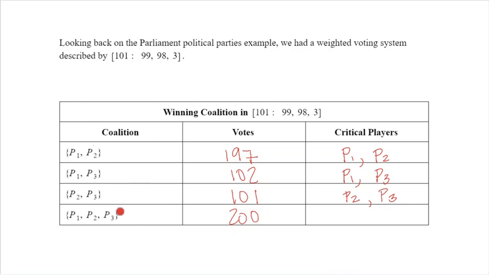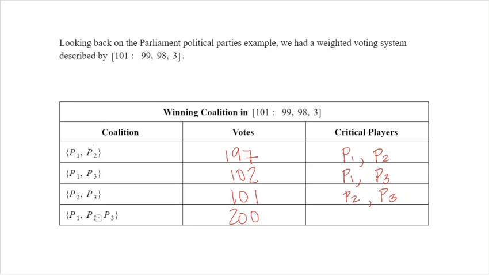Now, let's take a look at this last one. If player 1 changes their mind, can player 2 and 3 still pass a motion without them? Yes. So player 1 is not critical in this coalition. What about player 2? Can player 1 and 3 pass a motion without player 2? Yes.